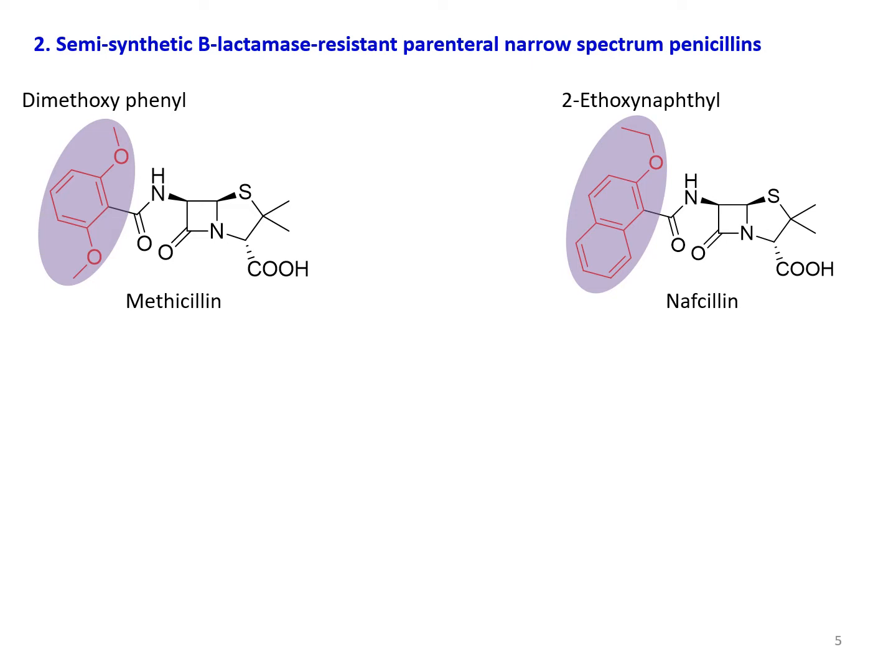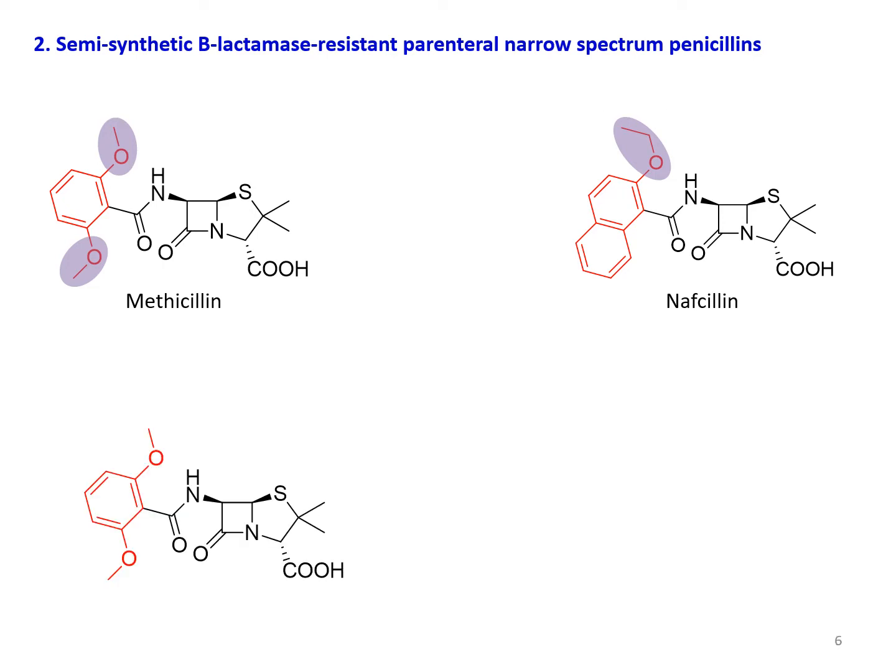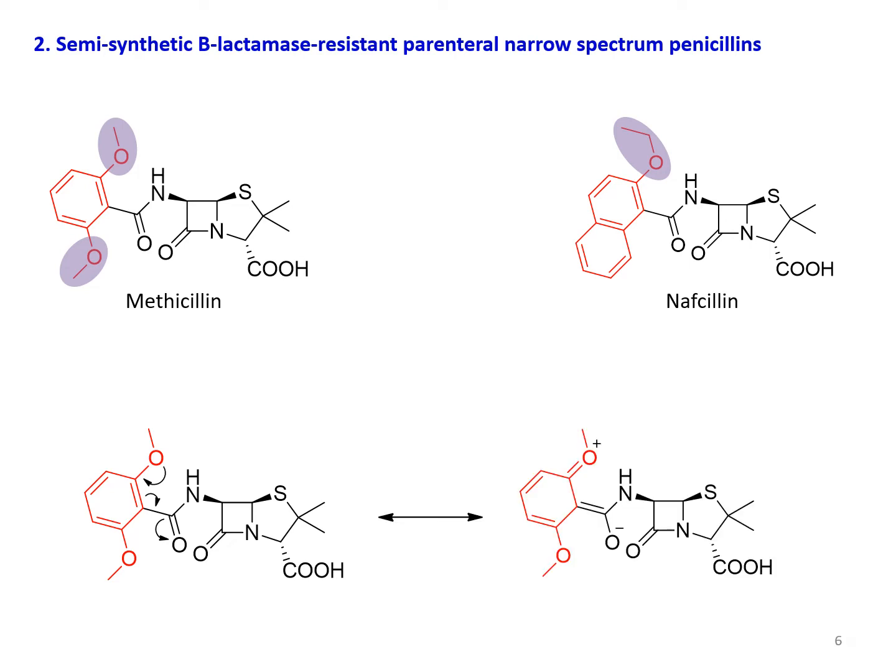Even though the oxygens in dimethoxyphenyl and 2-ethoxynaphthyl are electron withdrawing inductively, at the same time they donate electrons via resonance. This can be well understood by drawing the resonance structures upon delocalizing the lone pair of electrons on oxygen. In one of the resonance structures drawn here, delocalization increases the electron density on the amide's oxygen, thus rendering the beta-lactam chemically unstable in acidic conditions.